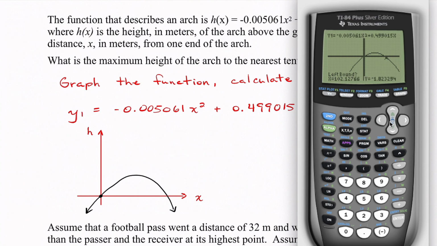Okay, and then left bound, so got to go to the left, click enter. Right bound, so go to the point again, and then go somewhere to the right of it, click enter, and then it's going to guess in between these 2 points once I click enter where the x-intercept is. Okay, and I get 98.6 about, so let's write that down.